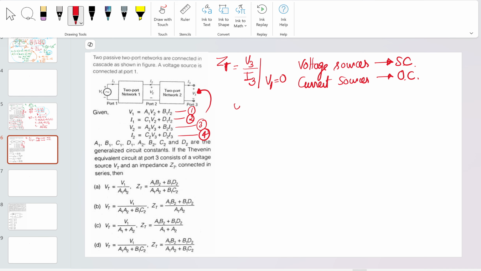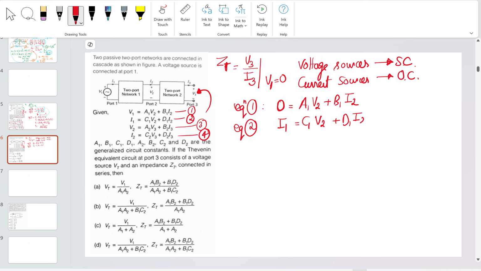In equation 1, that means 0 equals A1 V2 plus B1 I2, and in equation 2, I1 is equal to C1 V2 plus D1 I2. Also, what we basically need is the ratio V3 by I3, keeping V1 equal to 0.